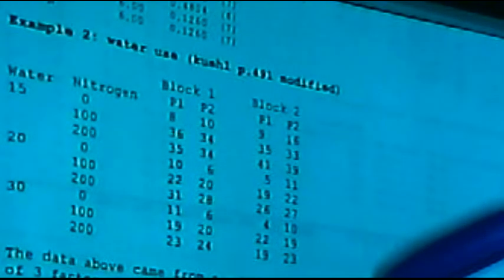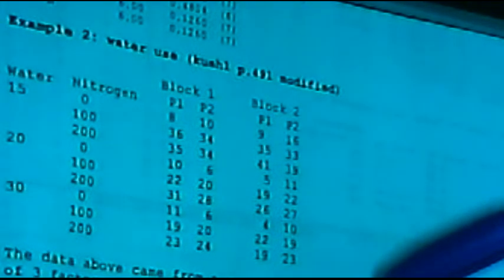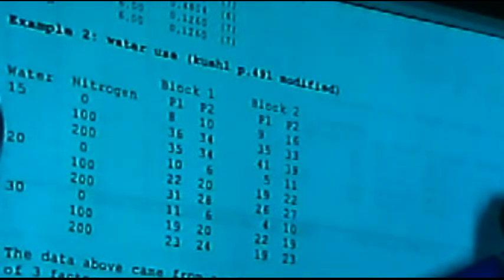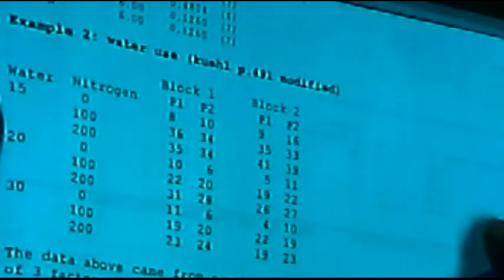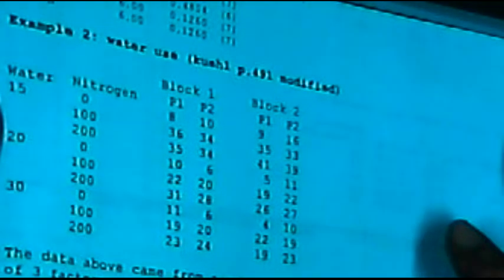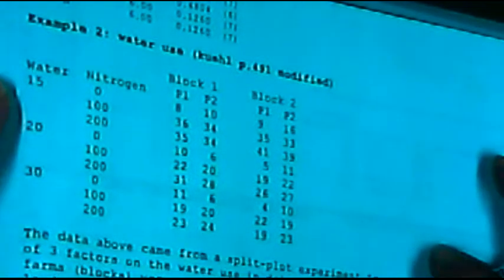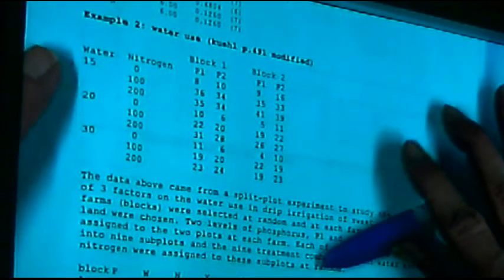Okay. So what does it say down here below? It says each of the plots was divided into 9 subplots. So you see it coming. And the 9 treatment combinations on water and nitrogen were assigned to these subplots at random.